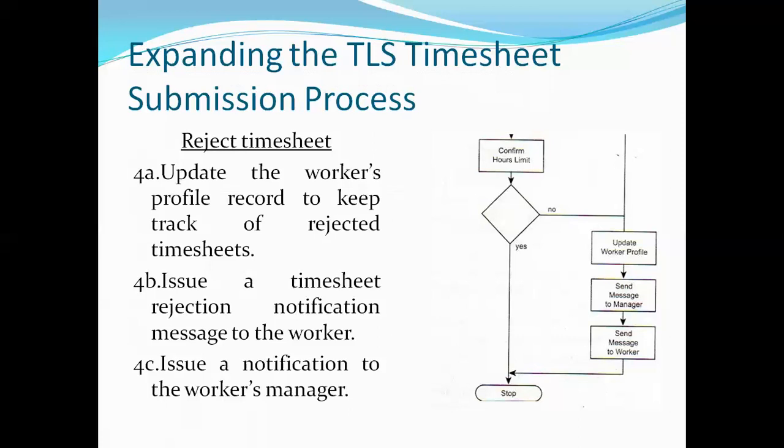If all three conditions are satisfied, accept the timesheet, and if not, reject the timesheet. In that rejection, you perform three tasks. The first is to reject the timesheet. Then send the rejection message to the worker and send the rejection message to that worker's manager.